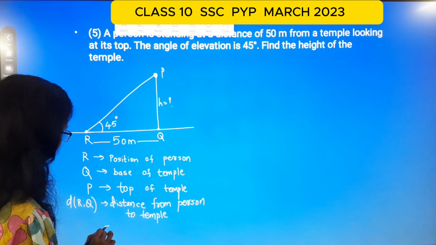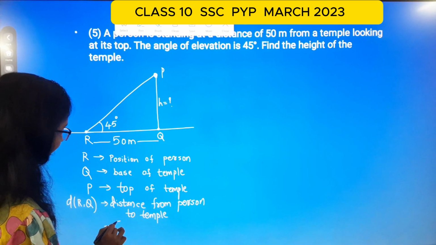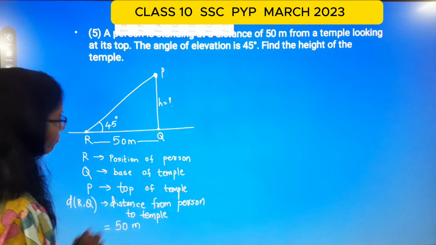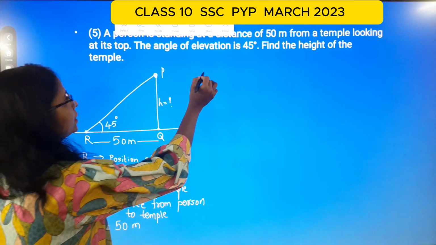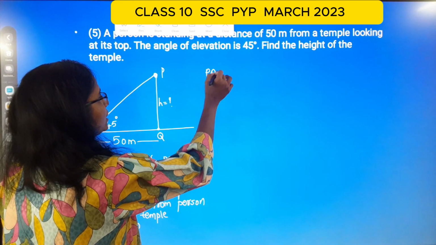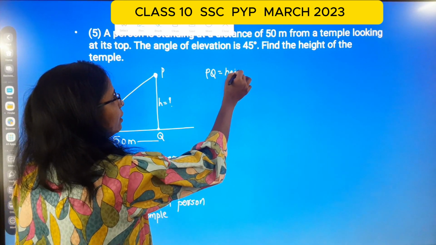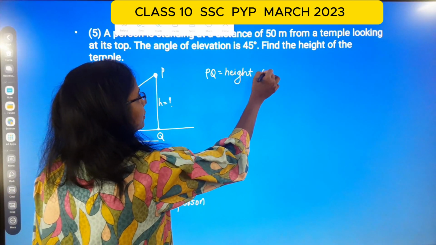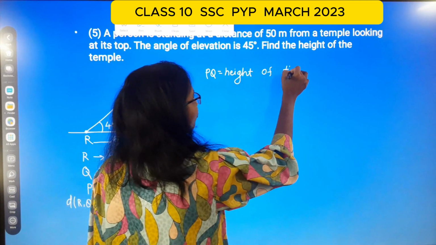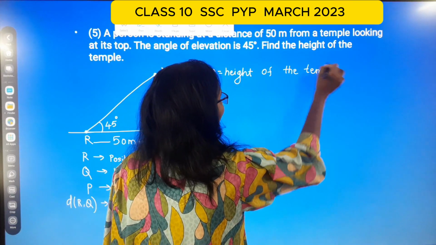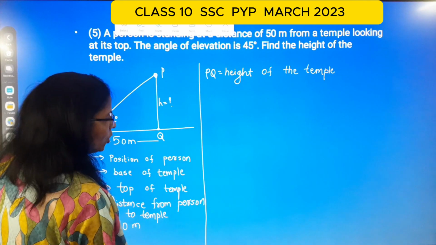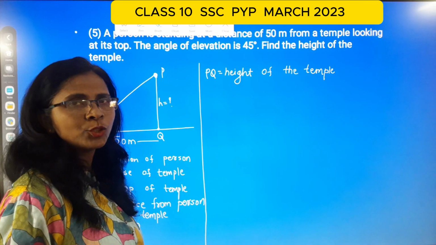Okay, and that is equal to 50 meter. Okay, and then here PQ is equal to height of the temple. Also you can consider that as h also.